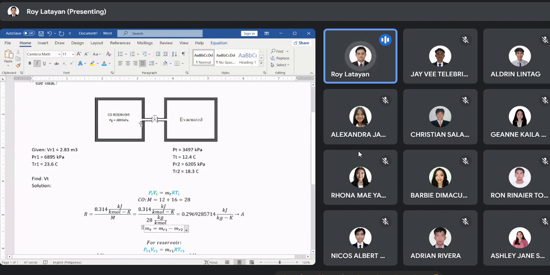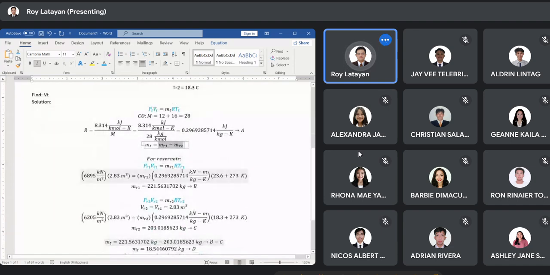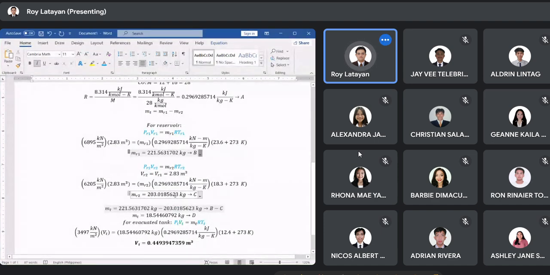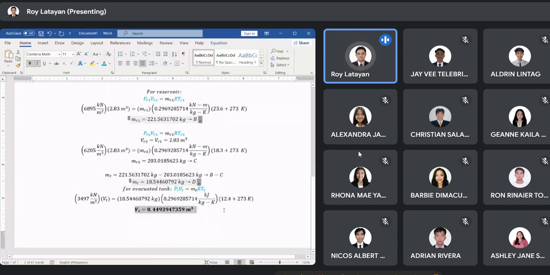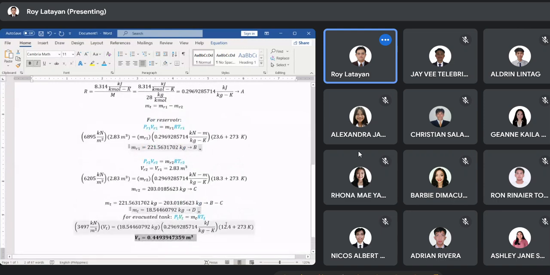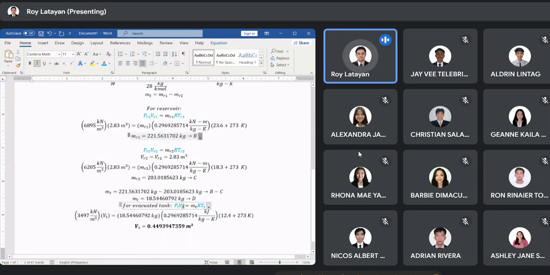In equation form, yung initial minus yung final na laman ng reservoir, yun yung nag-transfer sa kabila. Then, we use PV = mRT lang para ma-solve yung initial and yung final. Tapos, we can get yung mass ng tank. Tapos, masasolve na natin yung volume using PV = mRT ulit.